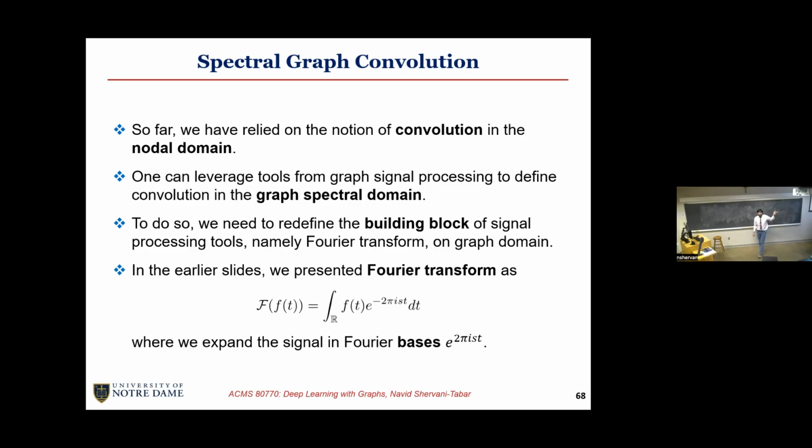And we said that Fourier transform is expansion into Fourier bases, where Fourier bases are defined using these exponentials here. So now what we want to do is to see what are these, and then how we can find analogs of these bases in the graph domain.